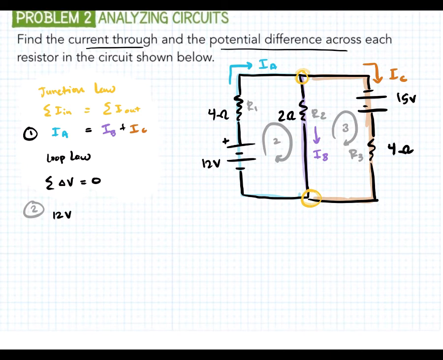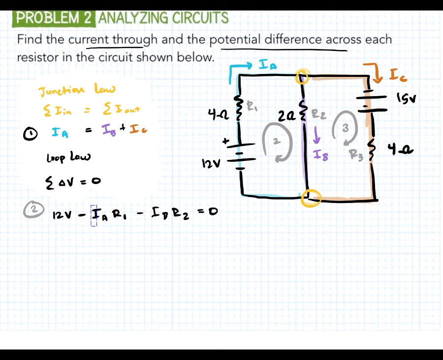Then we get to resistor 1. You're going with the current. So current's going up and we're traveling up because our loop is going clockwise. So that's going to be minus IA R1. And then we get to R2, and that's going to be also minus because we're going the same direction as current, minus IB R2, and all of this should add up to 0.